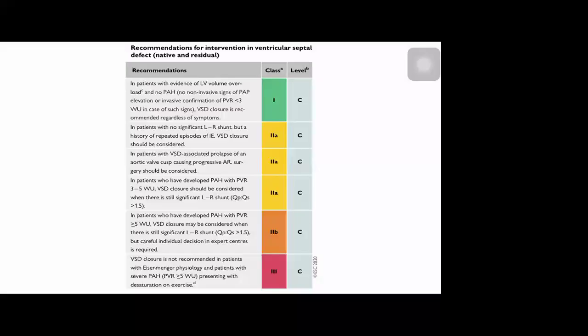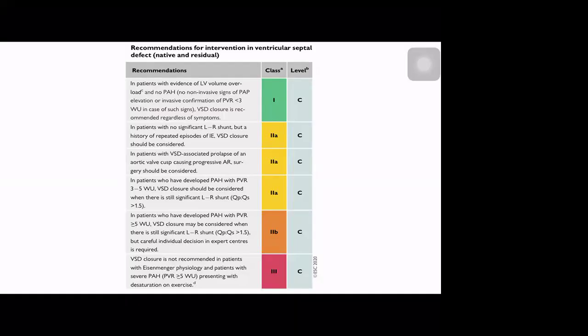In patients with evidence of LV volume overload and no PH, no non-invasive signs of PA pressure elevation or invasive confirmation of PVR estimated less than 3 Wood units. In case of such signs, that is signs of elevated PA pressure, VSD closure is recommended regardless of the symptoms.